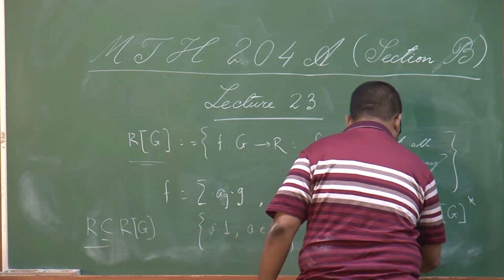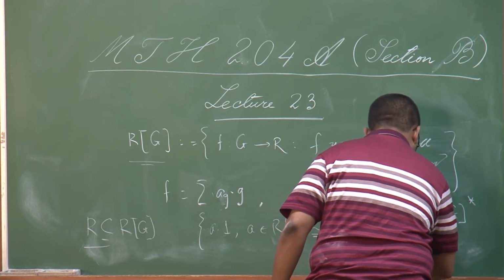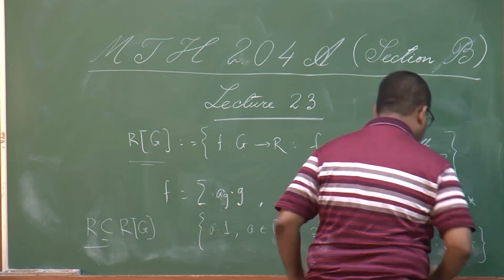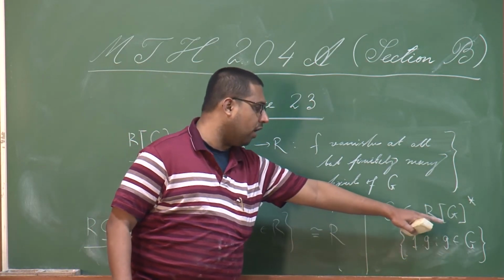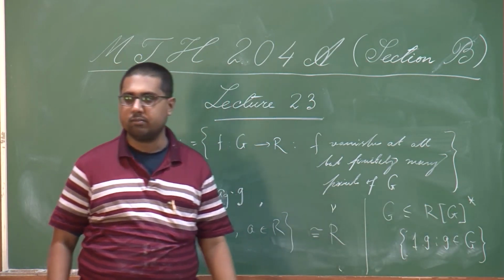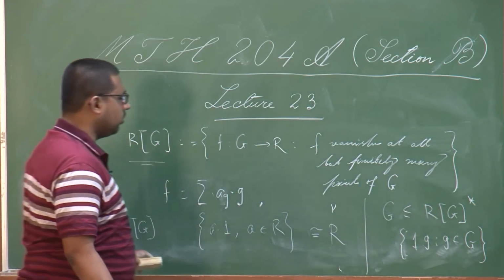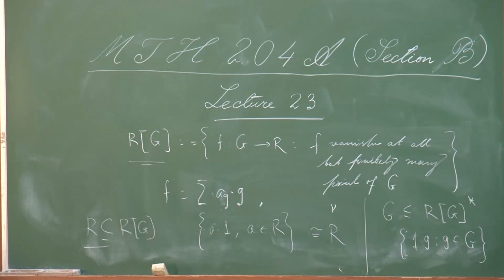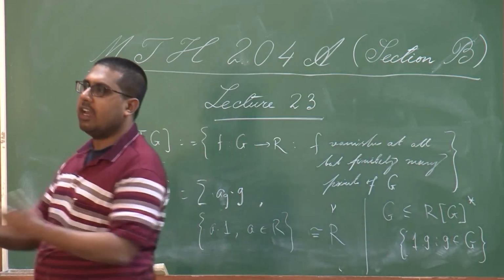Each g will consider like this collection. You can easily see that this is isomorphic to a subgroup of its group of units. Therefore this group ring in a sense both contains R as a subring, and its multiplicative group contains G as a subgroup.